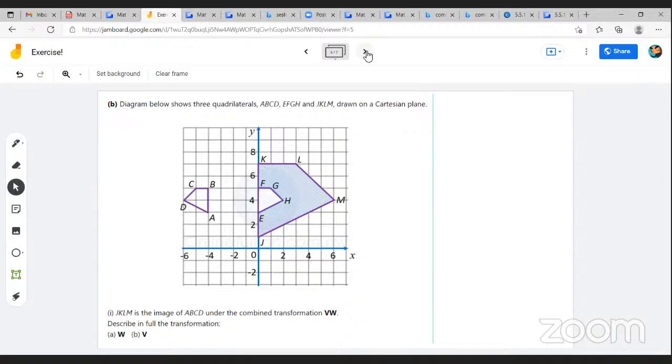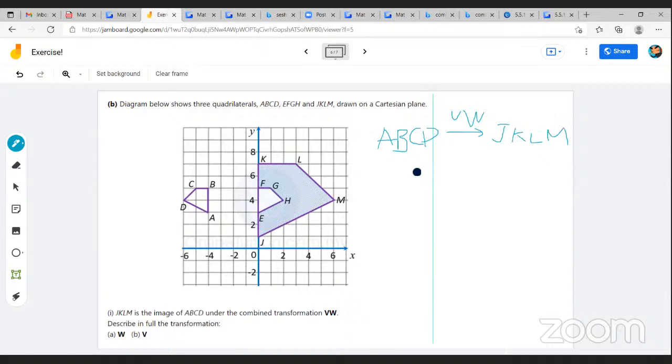Okay, so first we have to remember that ABCD after combined transformation VW will become JKLM.